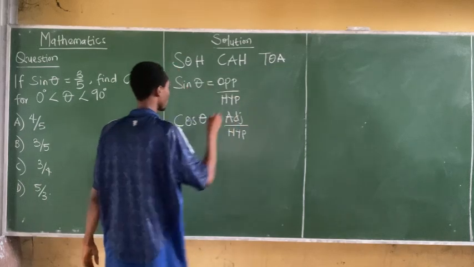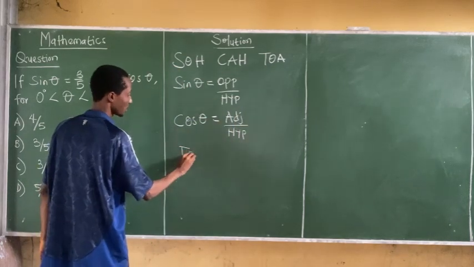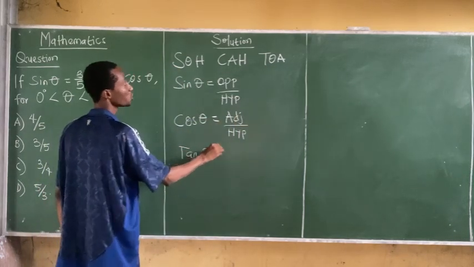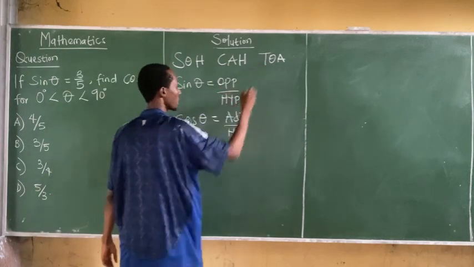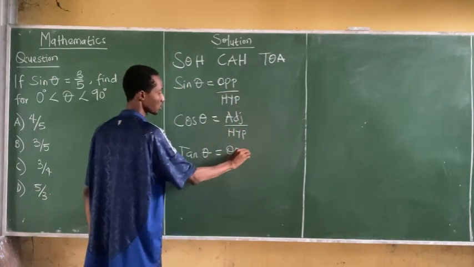And TOA here is tan theta, which is equal to opposite over adjacent.